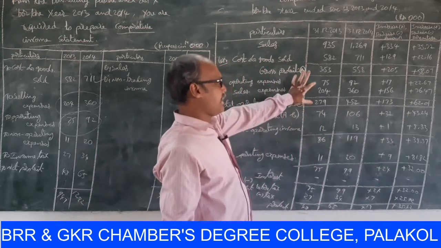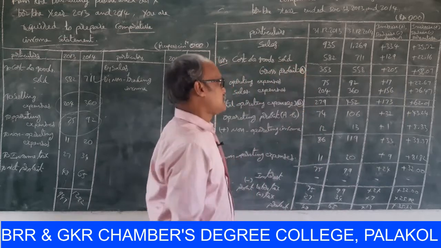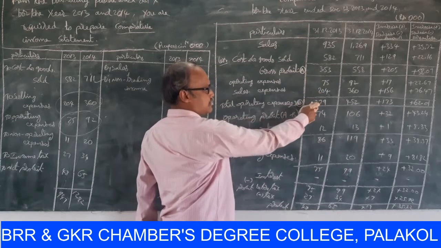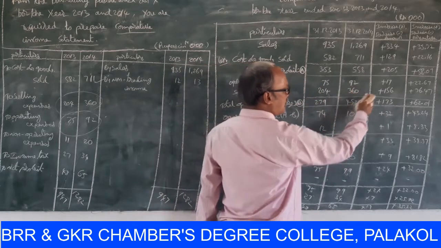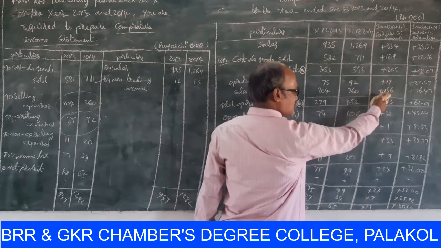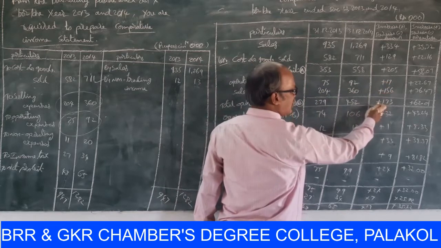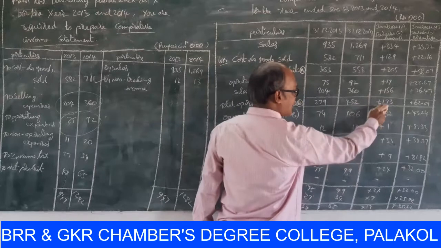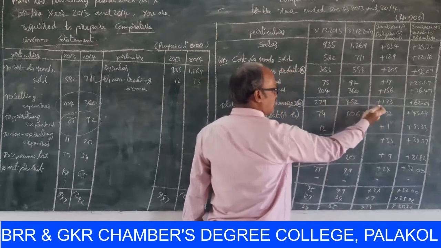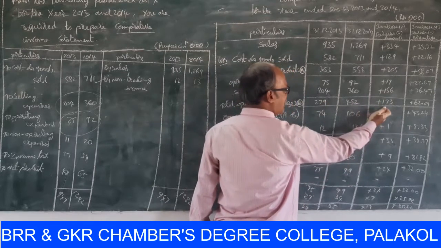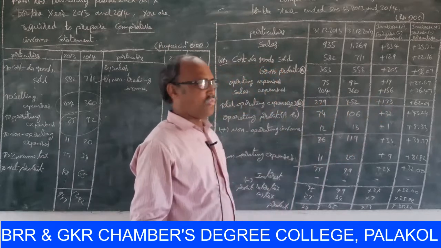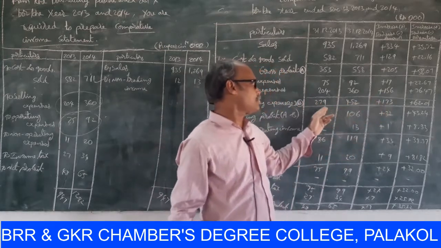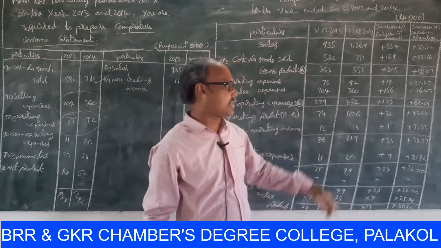The two operating expenses are added here. 75 plus 204 is 279. 92 plus 360 is 452. The increase is 17 plus 156, 173. So 173 by 279, look at that very concentratedly here, into 100.